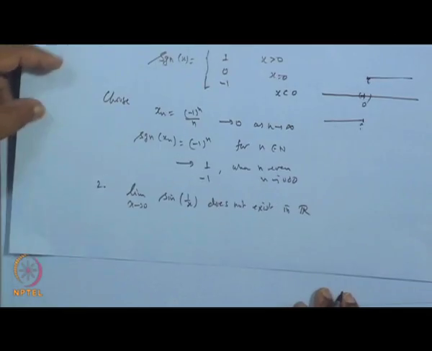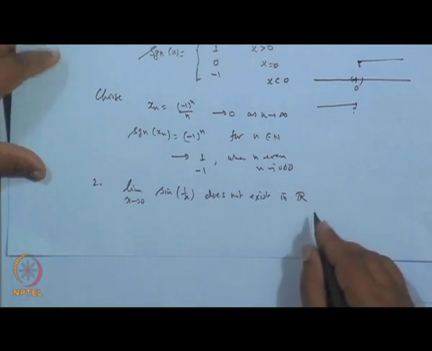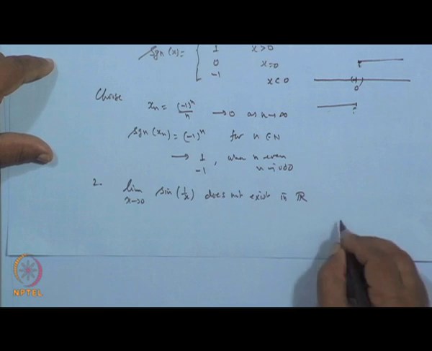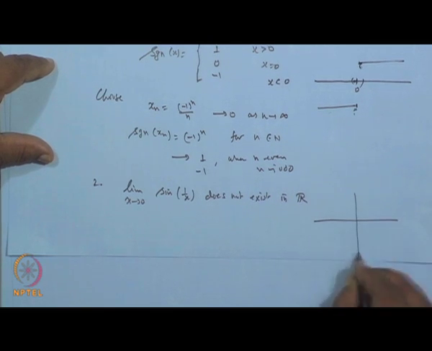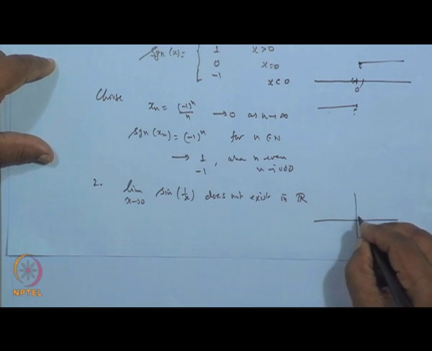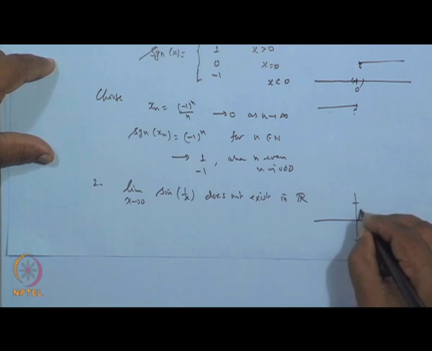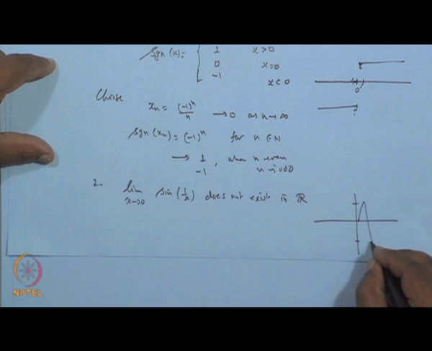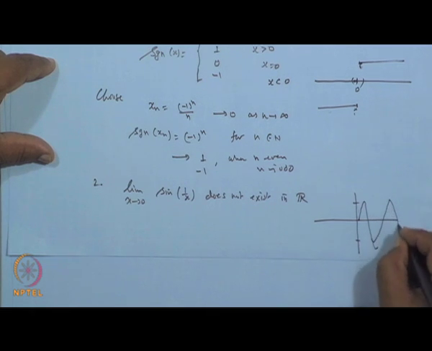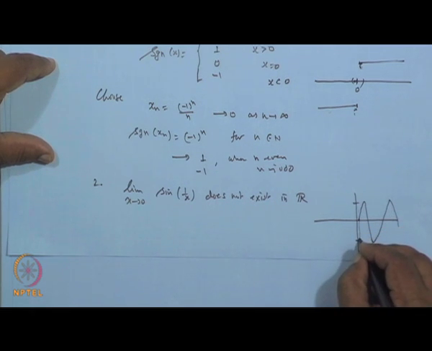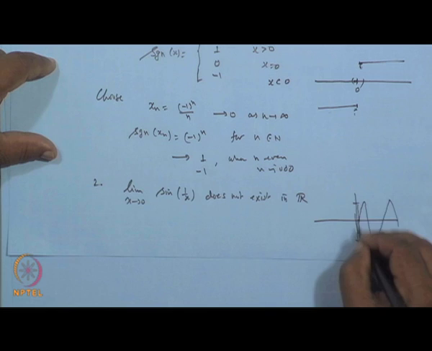Again the sine function. If I look at the graph of the sine function sin(1/x), it goes between +1 and -1 at maximum. We get a curve like this, coming from here and similarly here, but as soon as x approaches 0 it fluctuates too much.